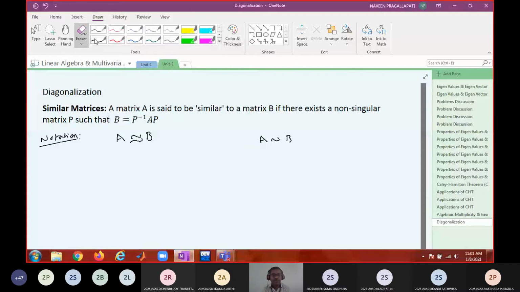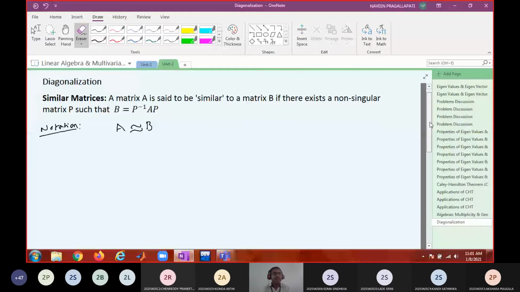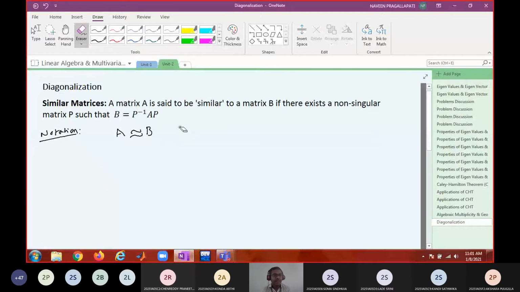Okay. So now next write one more definition. Diagonalizable matrix.